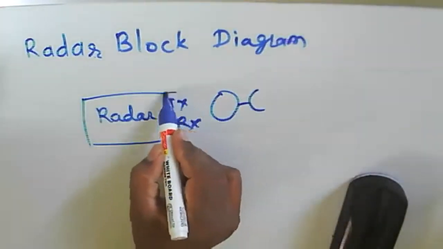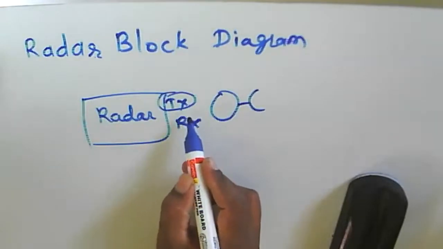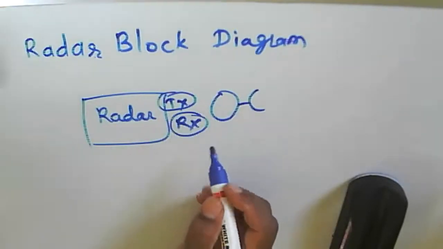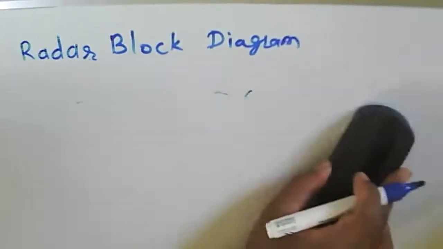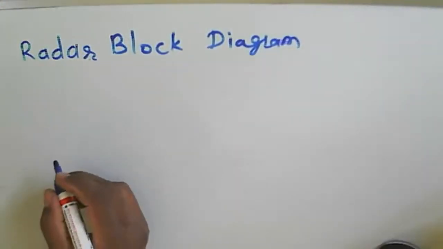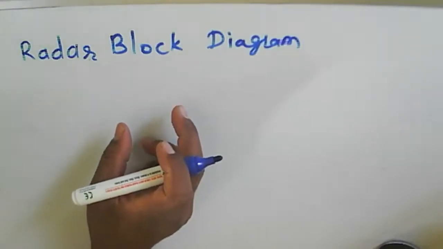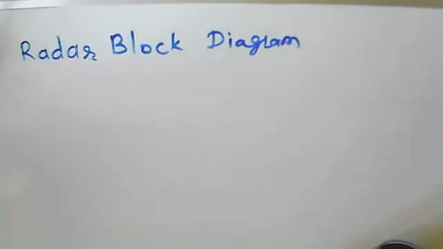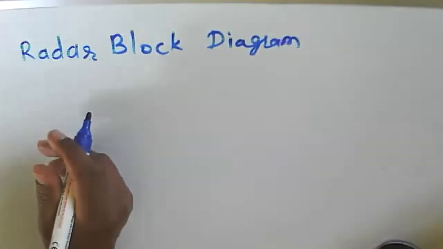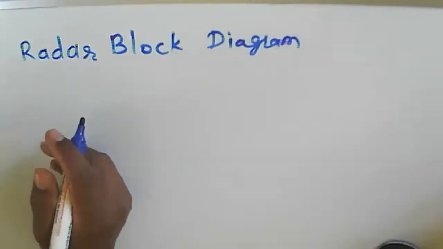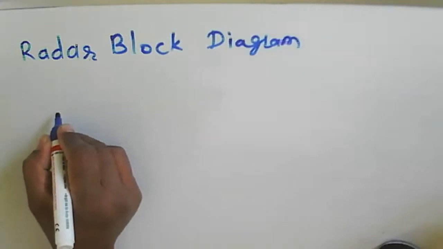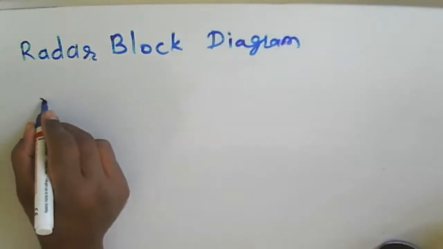Just an overview of the basic components available in the transmitter we will learn here. In the block diagram of a pulse radar, a pulse is transmitted by this device, the pulse transmitter. We will see one by one the various components of a radar.